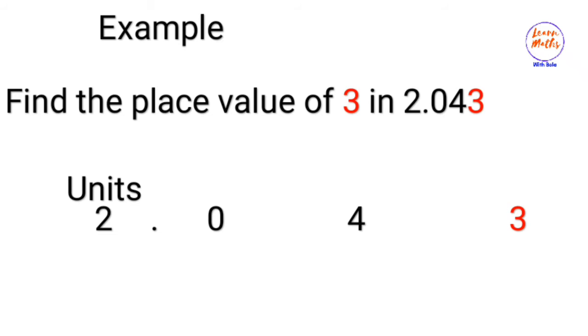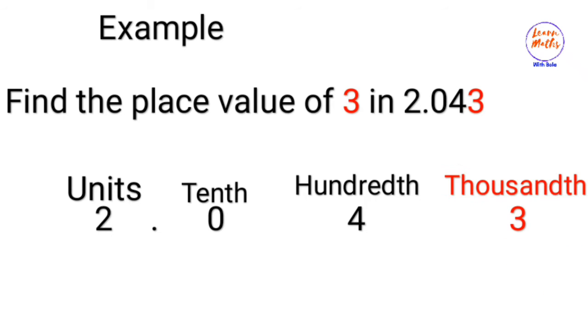So the number before the decimal is 2, which carries units, and the numbers after the decimal we carry as tenths. It is just as if you are going from units to tens, but this time, to show that the number is after the decimal, it will carry a th at the end of the tens. I want to believe you understand what I'm saying. So the next one will be hundredths, thousandths.